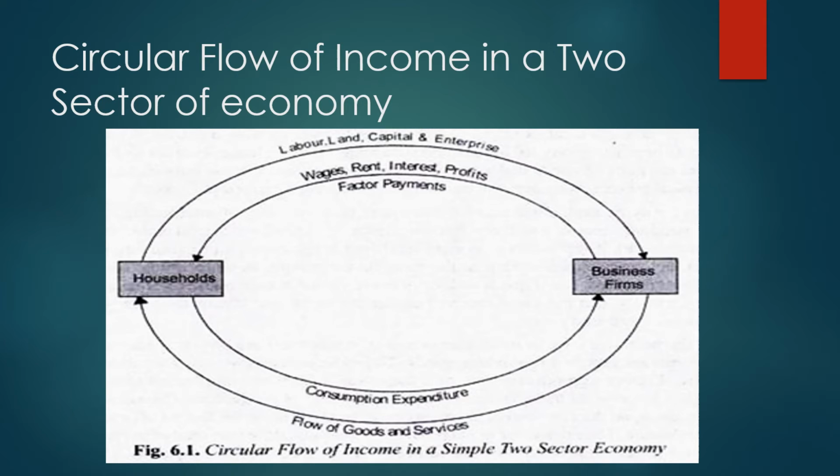Now, for the factor services which have been received by the business firms, they are supposed to make a payment. And the goods and services which have been received by the household sector, they are supposed to make a payment to the business firms.